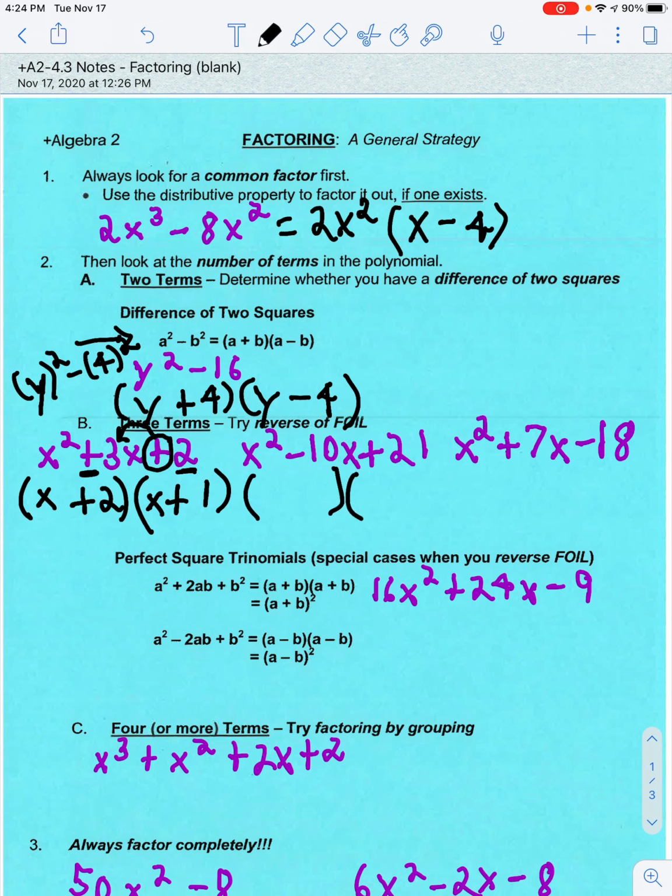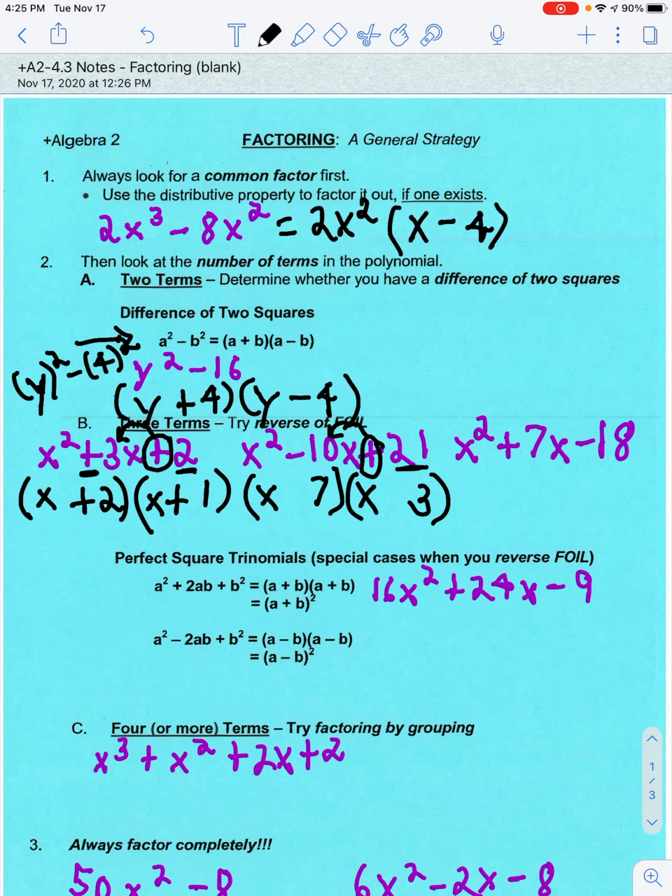We've got x squared minus 10x plus 21. Again, the first positions are both x. Now we're looking for two numbers that have a product of 21. And since that's a plus sign, I want the two numbers I choose to add up to 10. Well, my choices are 21 and 1 and 7 and 3. And the good news is 7 and 3 multiply to be 21 and add up to 10.